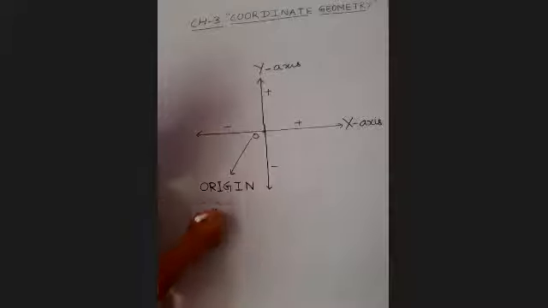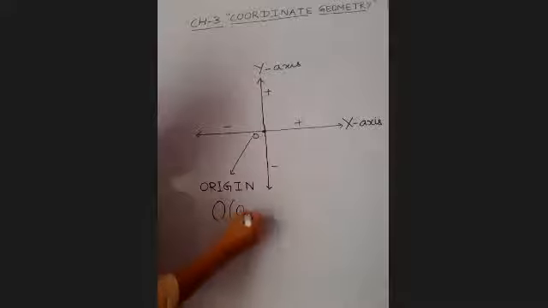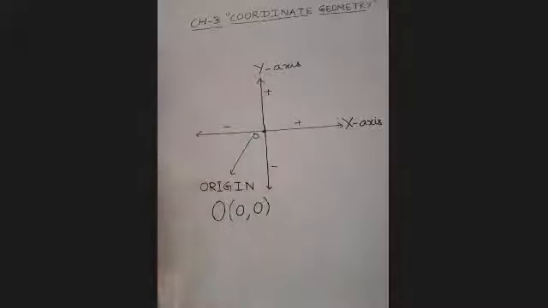It is denoted by the alphabet O and both are at zero. So the coordinates of the origin are given by 0, 0.